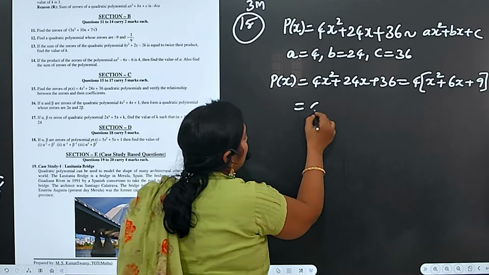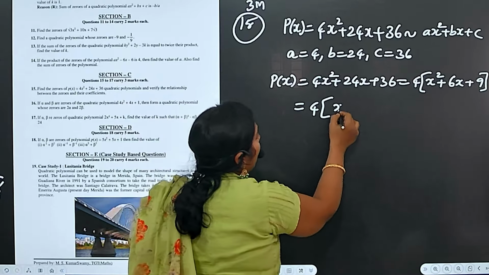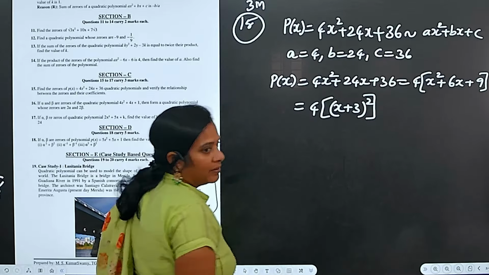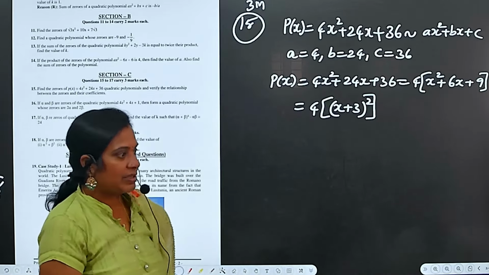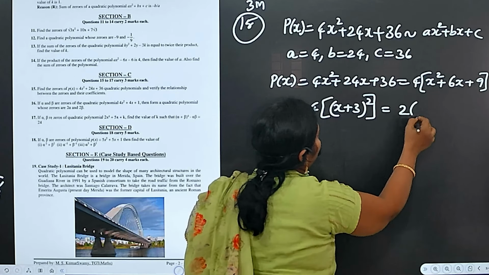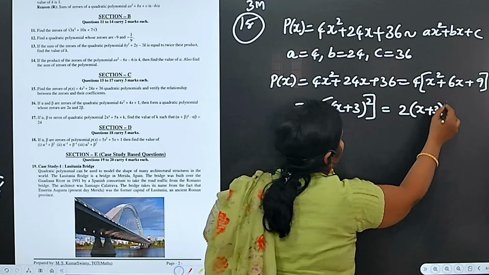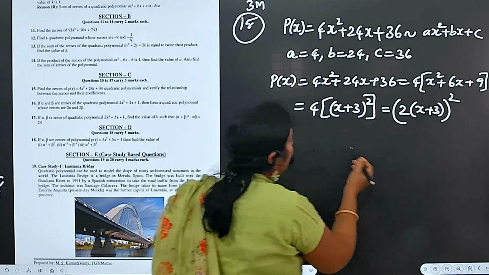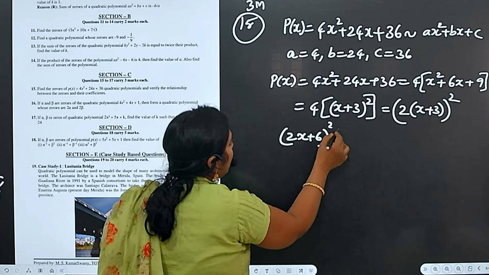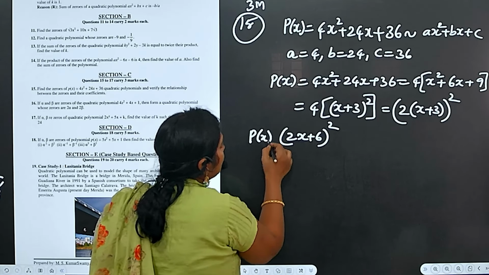Then p of x is 4 into x plus 3 whole square formula. That is equal to 2 into x plus 3 whole square. Ultimately that is 2x plus 6 whole square is the p of x.